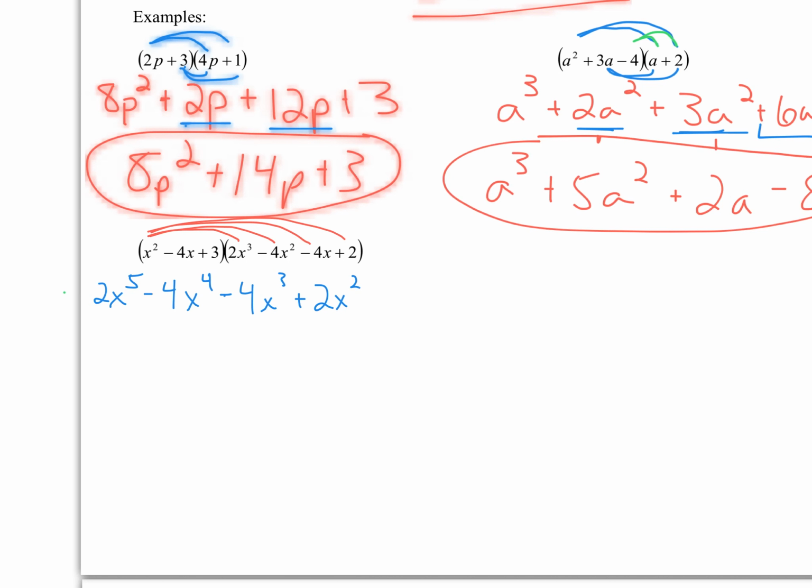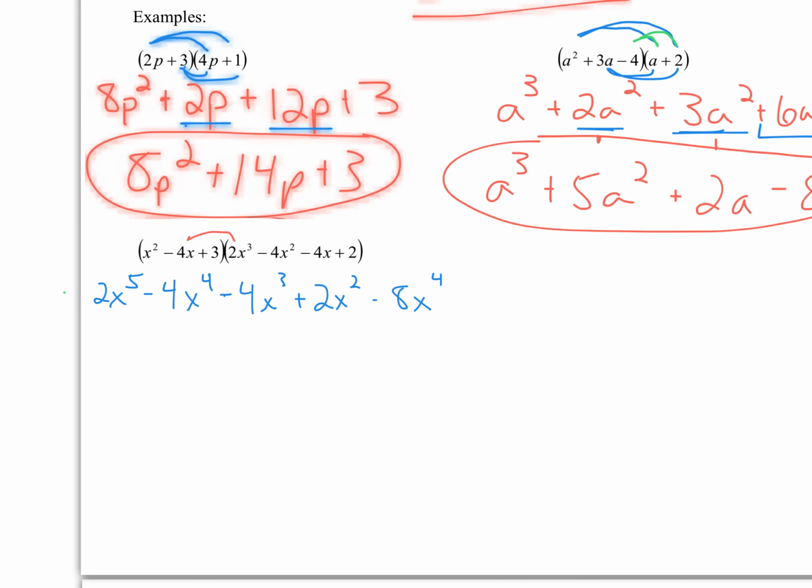Okay, that's 1 done. I'm going to erase these because I'm going to end up overwriting myself a bunch. So to make it a little more clean, let's do the negative 4x now. So negative 4x times all of those. Negative 4x times 2x cubed, negative 8x to the 4th.